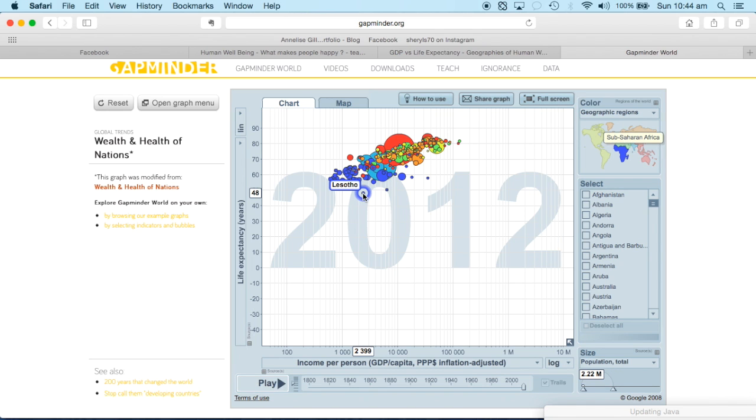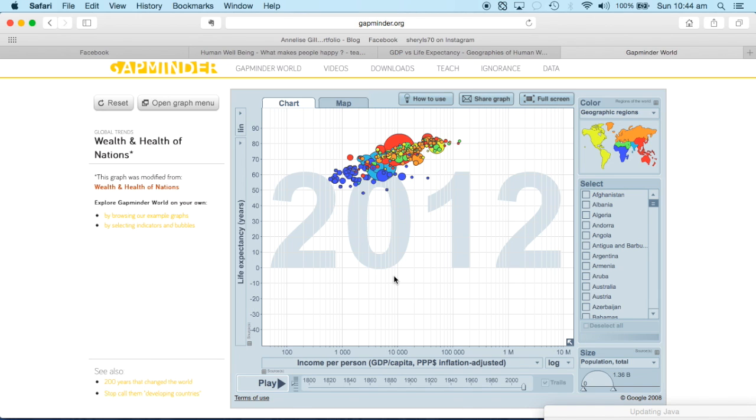In 2012, the country with the lowest life expectancy, so using the scale along the side here, the lowest one is Lesotho, which is in South Africa, or Southern Africa. Remembering that the colour codes link with this map here.